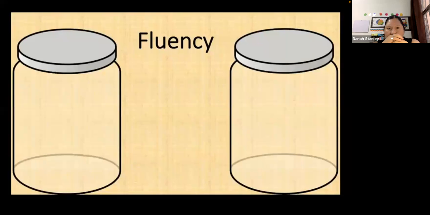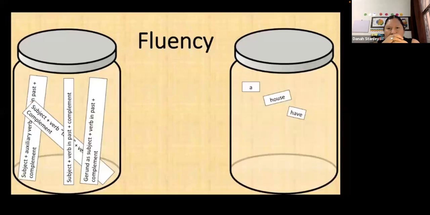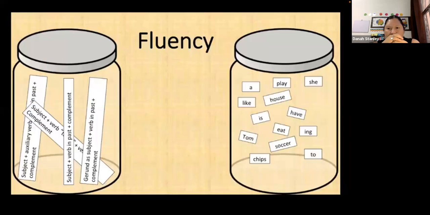According to the grammatical approach, contrary to the lexical approach, fluency is gained through the accumulation of long lists of grammatical structures that, in combination with vocabulary words, will bring about fluency. So let's look at the example over here. Tom is playing soccer.